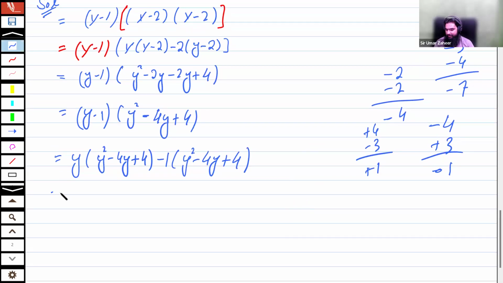Now open the brackets. y multiplied by y square will be y cube. y multiplied by -4y will be -4y square. y multiplied by 4 will be +4y. -1 multiplied by y square will be -y square. -1 multiplied by 4y will be +4y. -1 multiplied by 4 will be -4.